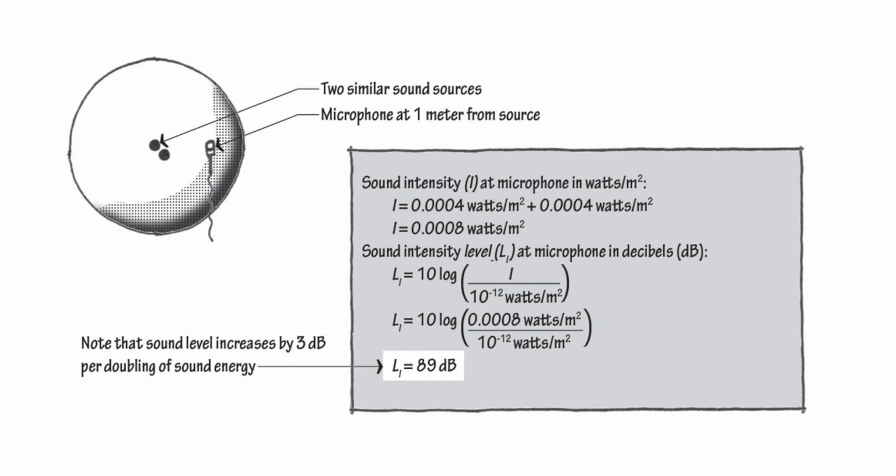But when you take the logarithmic form and then try to solve it, you can see the decibel has turned out to be 89 decibels. In a simplified manner, you can just note down the understanding that if there are two similar sound sources, there will be an increase of 3 decibels.